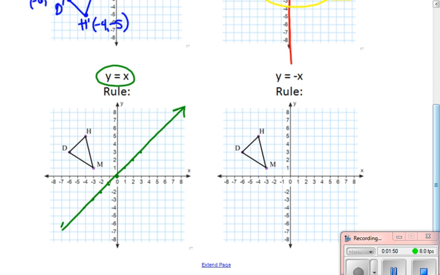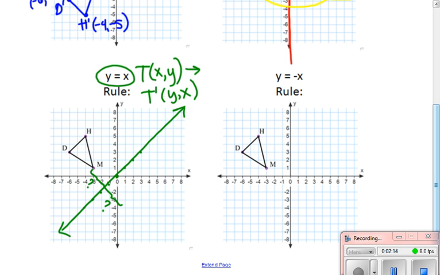Now, it's not quite as clear to count how many units is this and where would it be over here. So we're going to rely on the rule. And the rule says the original will become T prime of yx. So I take my original x and y and I'm going to switch places.